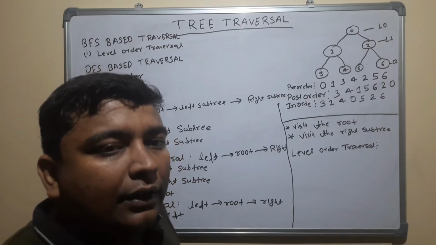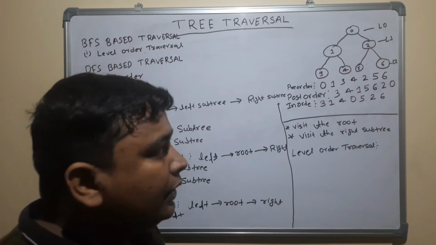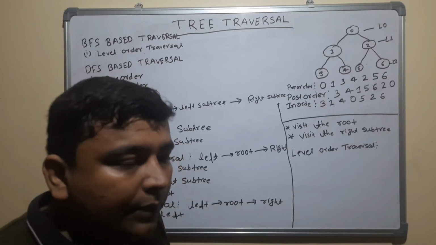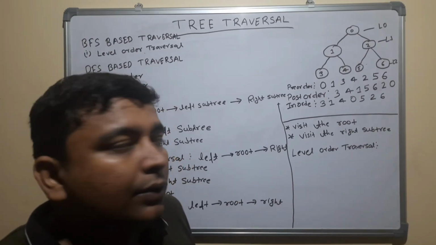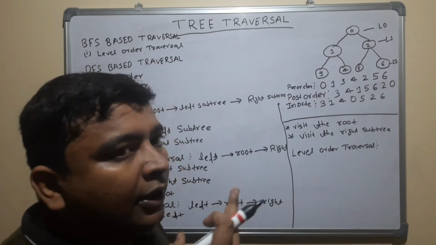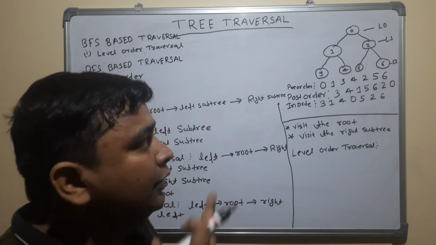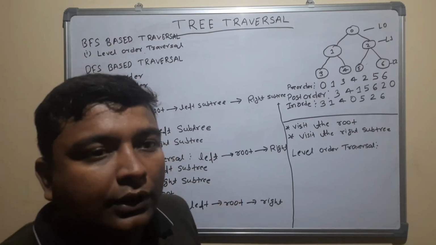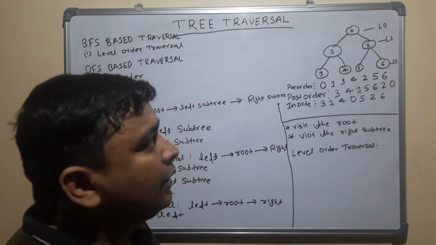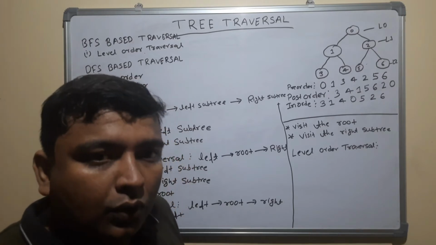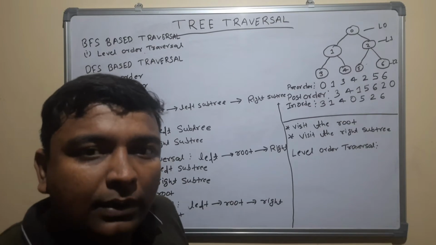I will put the link of that video in the description. I would recommend you go to the previous video to understand what a level is and what a root is. You can understand better after watching it.